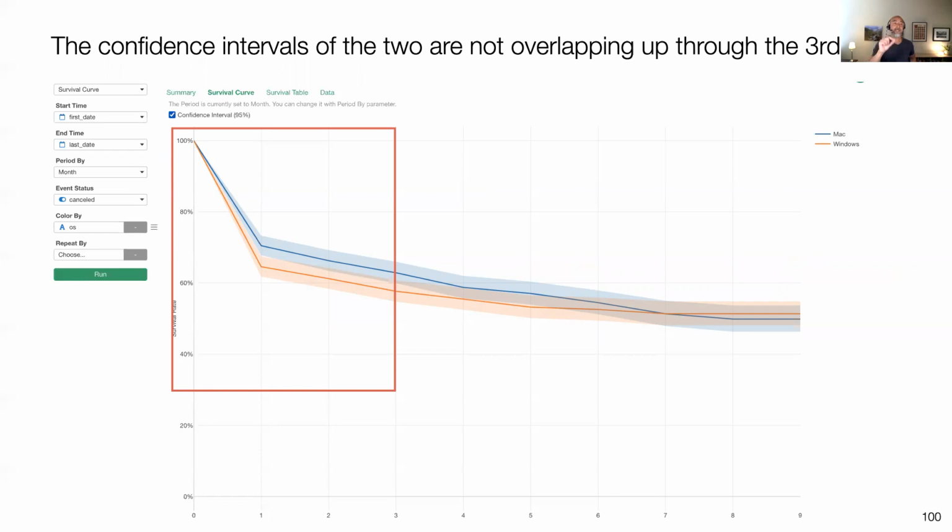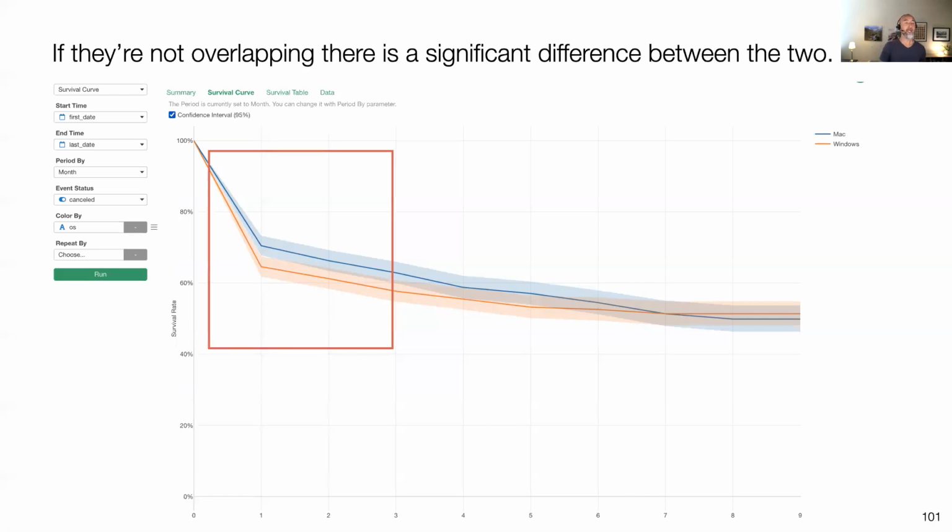That means the true survival rate can be different, but should reside in this range, at 95% chance. So if those two ranges are not overlapping, we can conclude that there's a significant difference between the two.